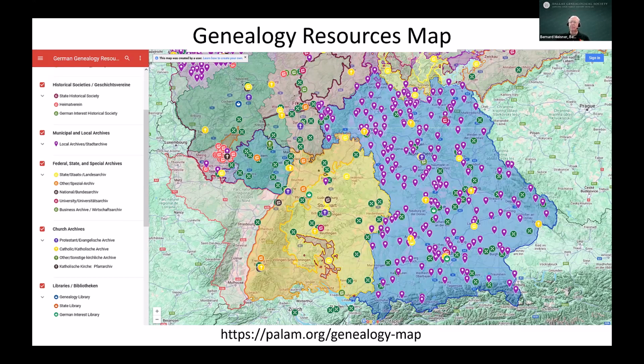Now, this doesn't have records, but it'll give you the contact information if there's a website as well for these various records. So if you're looking in a particular location, it has the addresses. Oftentimes now places will have Facebook or emails that you can use. You can look on FamilySearch. It's sort of nice to still write first in German and then in English, just to be polite.